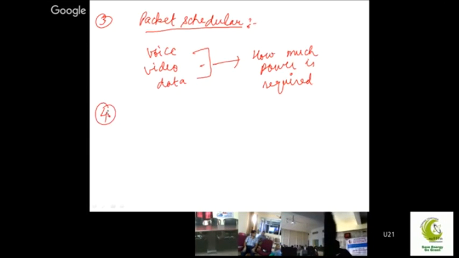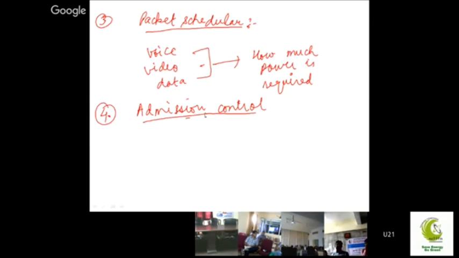Now next comes the admission control. This is the last type of cell-specific function, that is admission control. Admission, as the name suggests, means granting permission.